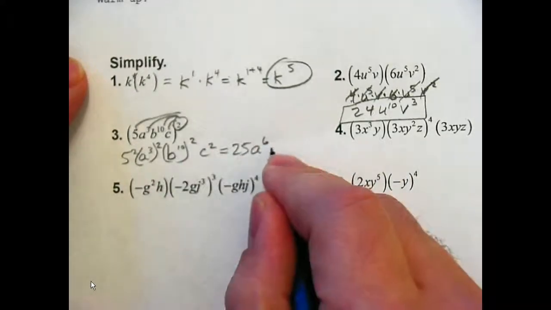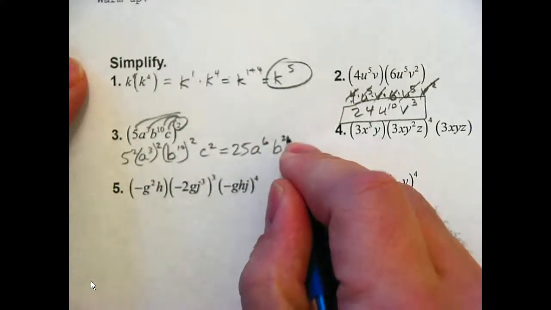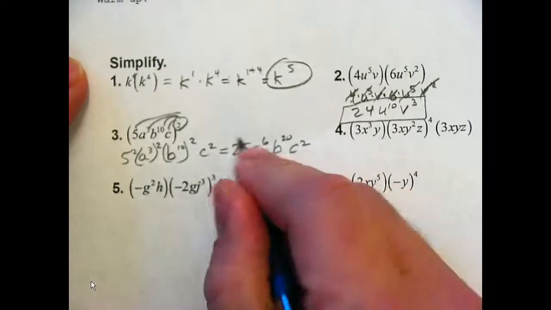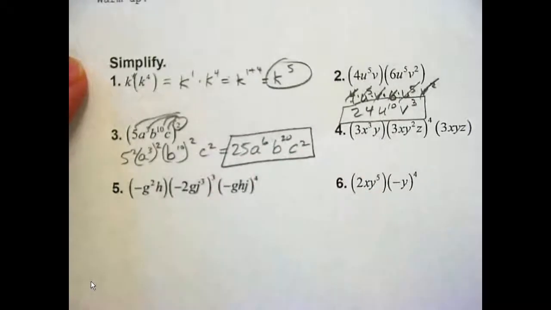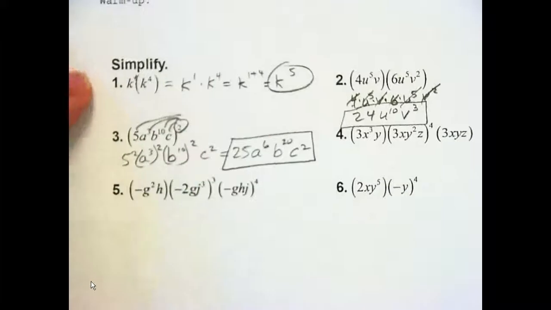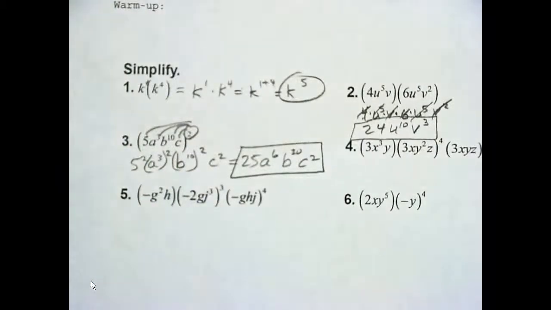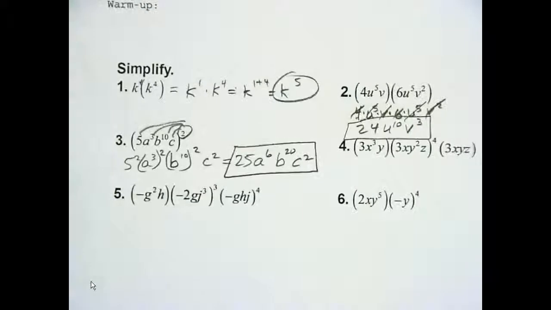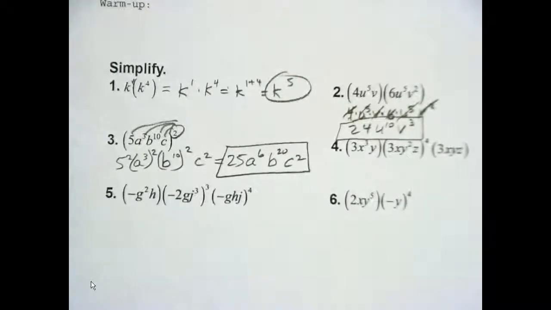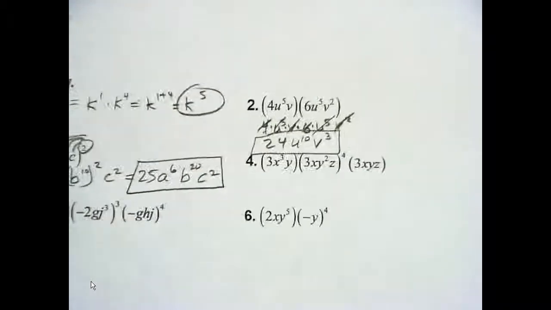B to the 10th squared is b to the 20th. And c squared is c squared, not c squared squared. That'd be c to the 4th, so we don't want that. C squared. Questions? Bella, Gloria, to you again. All right. Okay, good to go.